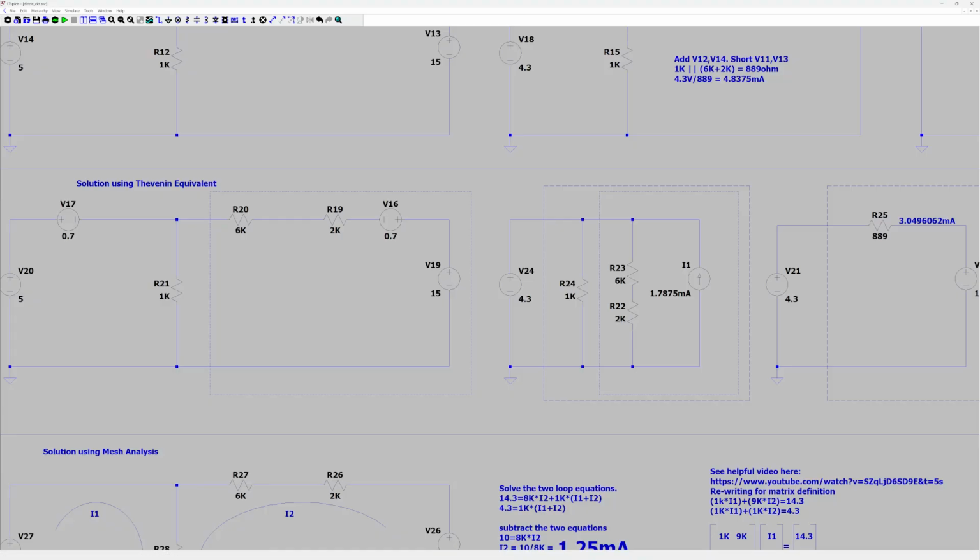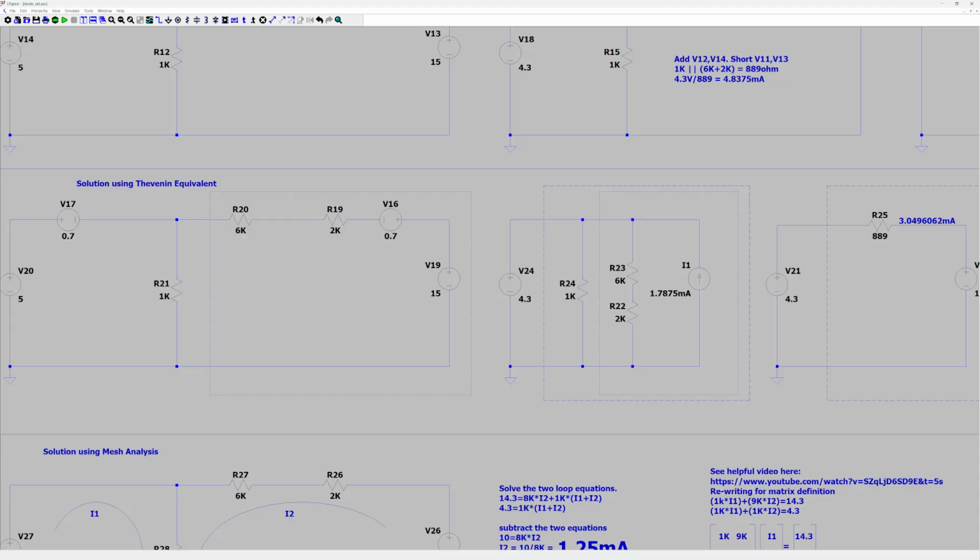So the resistor stays the same, and the current source becomes the voltage divided by the resistance. There's your 1.7875 again.